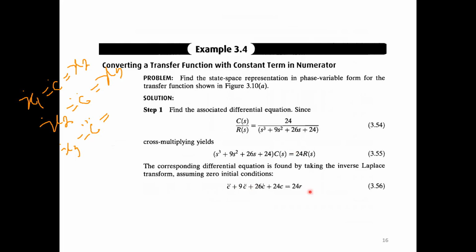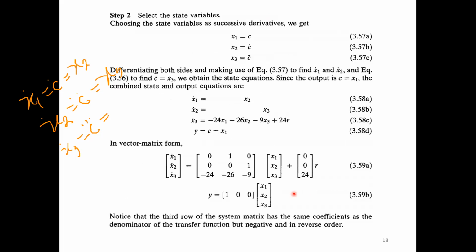C triple dot is equal to 24R minus 9 C double dot minus 26 C dot minus 24 C. That thing is applied here. Same thing. And y is equal to C is equal to x1. Now put those values here, then you will get the state space representation.